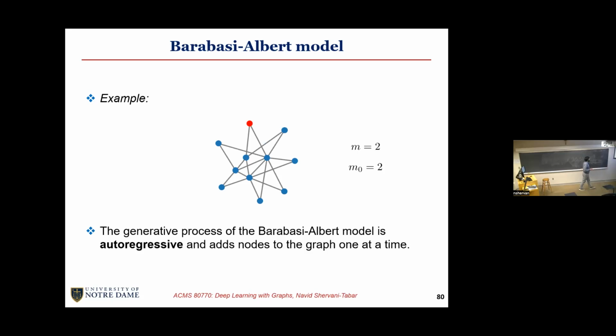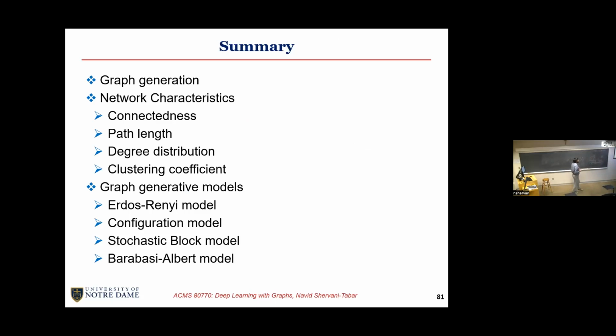So I continue that, and I generate something like this. This idea of autoregressive generative models is something that we're going to explore in our deep graph models as well.